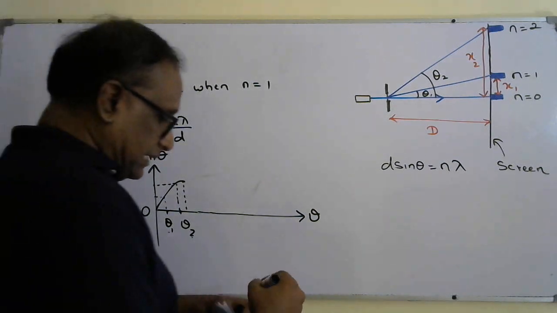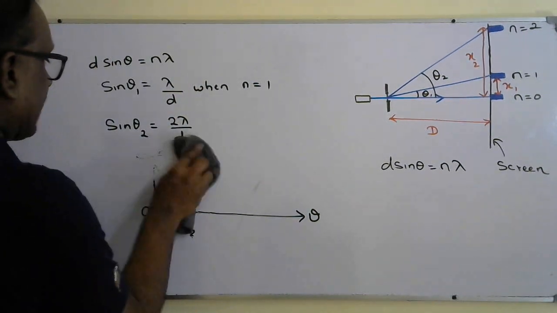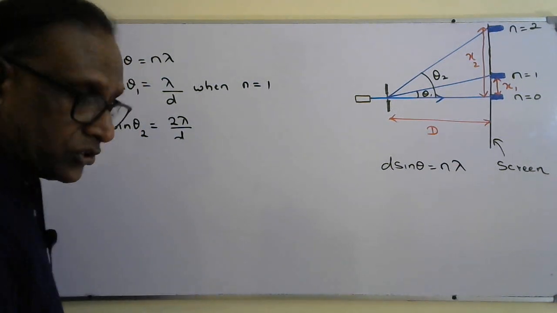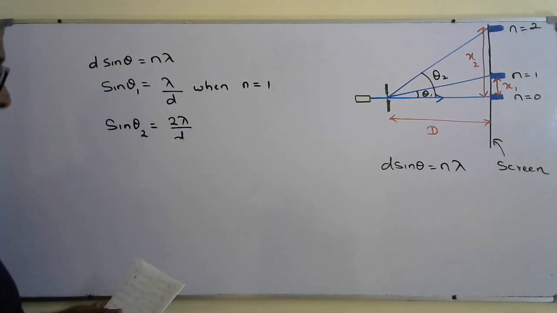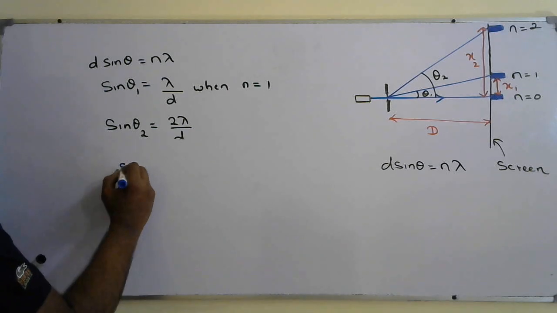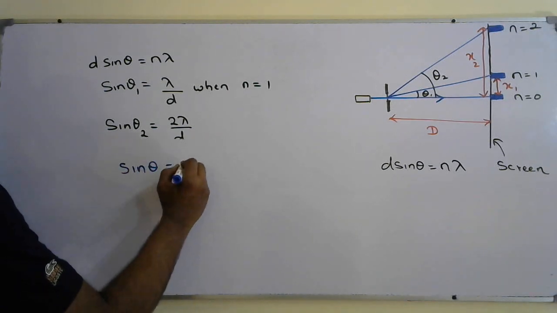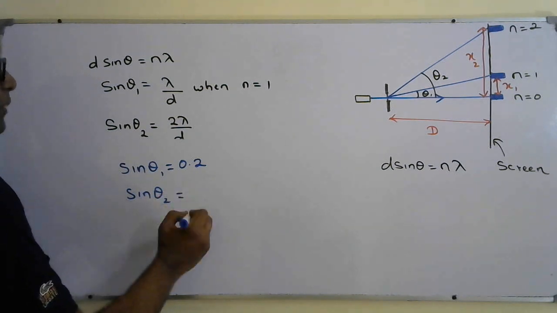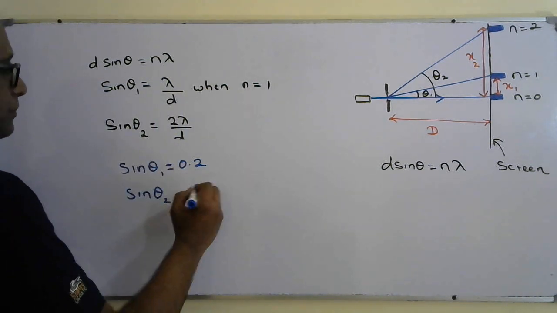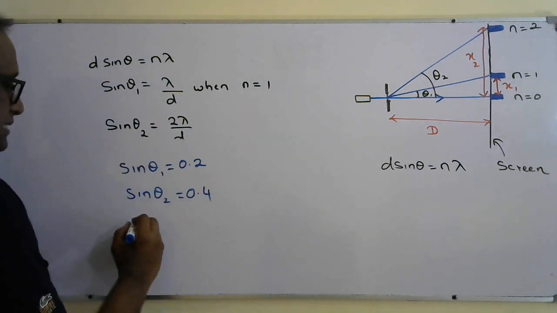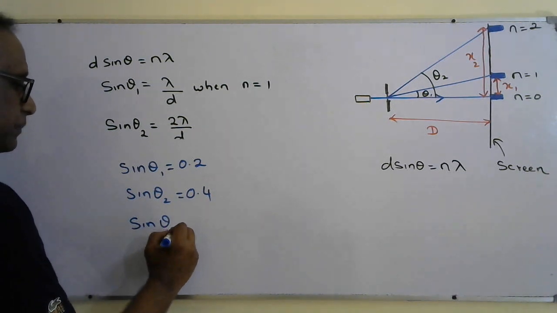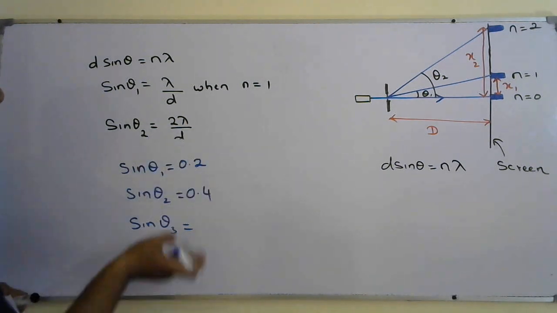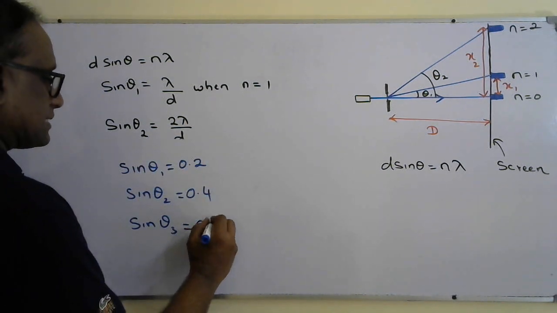I can take an example, just for understanding, not for the exam. If sine theta 1 is, for example, 0.2, then sine theta 2 should be double that, 0.4. Sine theta 3 will be triple, because you put 3, so 3 times this means 0.6.